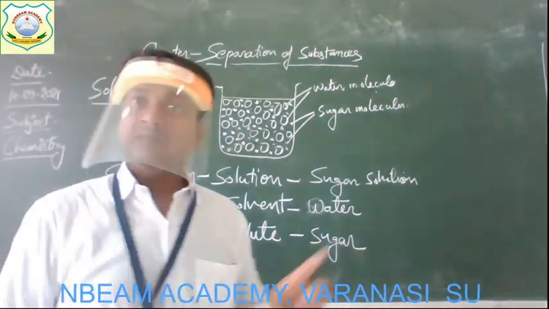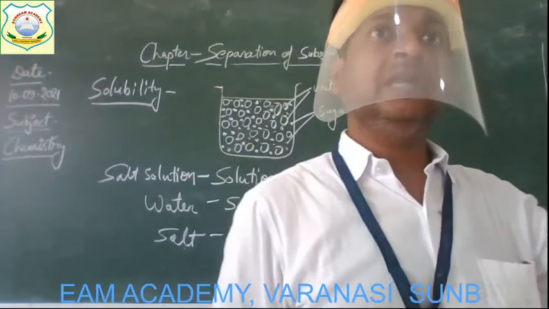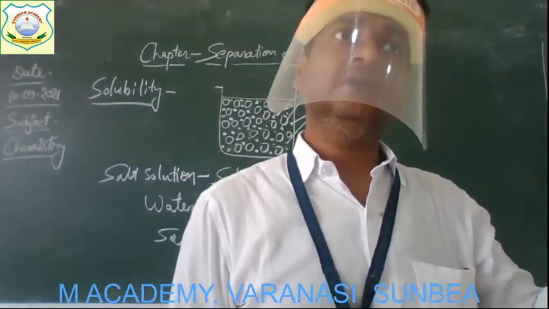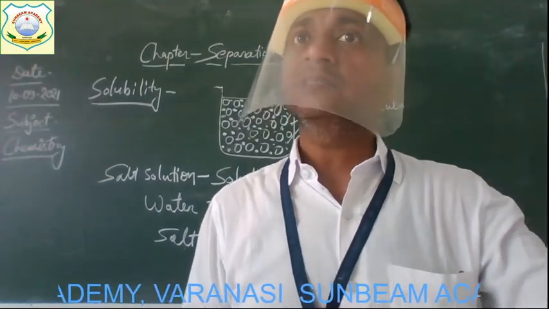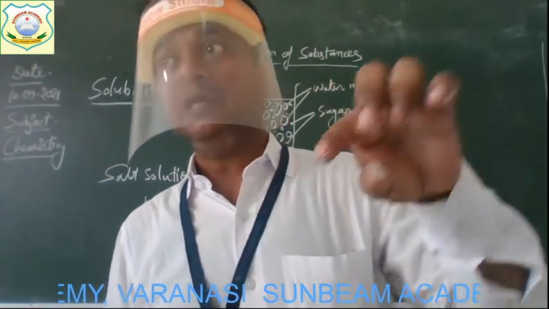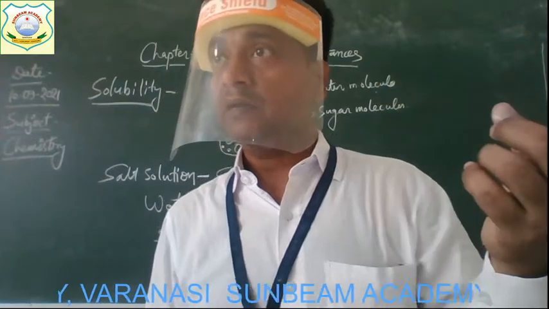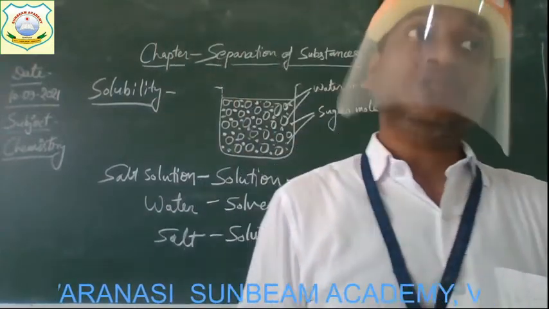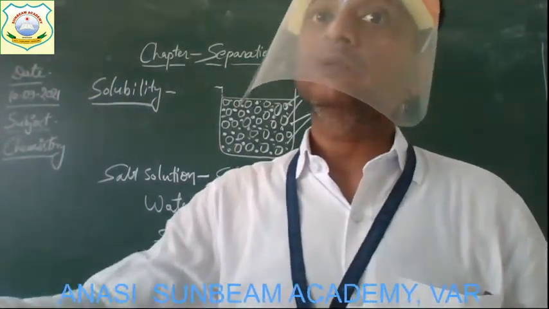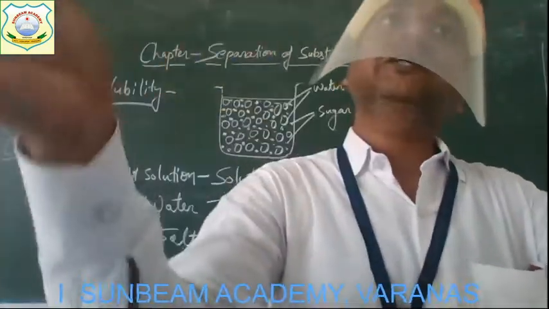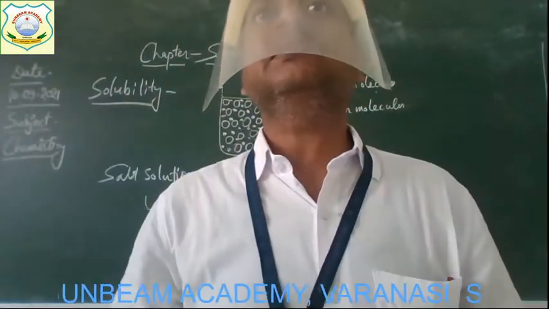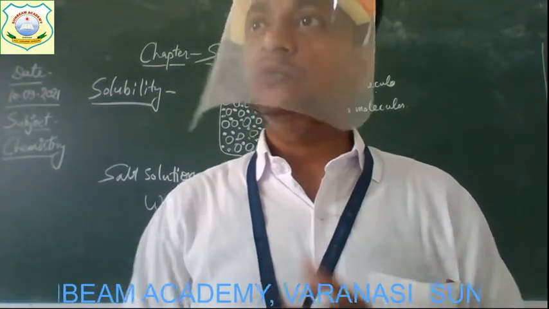Understood, children? These three words: solution, solute, solvent. Solute is a substance that can be dissolved in solvent. Solvent is a substance in which solute can be dissolved. Get it? And this mixture of solute and solvent is known as solution.